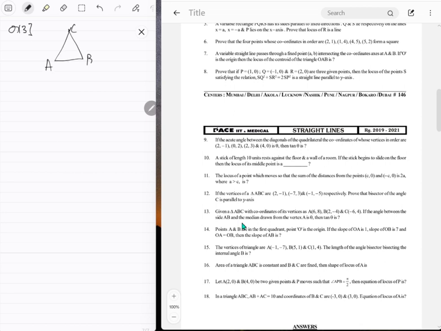C, A, B. This is the median. Oh wait, no. This is not how it's supposed to be. Sorry. ABC, side AB and the median drawn from A. So these two lines. So the angle between these two is theta, then tan theta is.